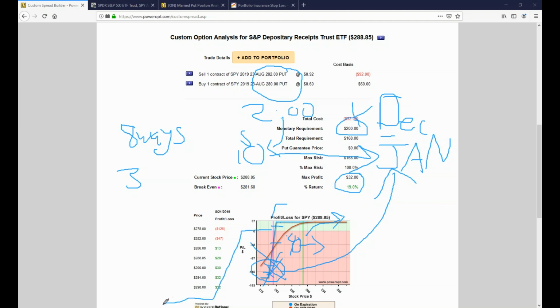Don't roll down and out. Don't increase the strike price. If you're not sure about what's going to happen next because you're taking a loss on this one, all you're going to do by rolling down and out is lower the credit in the hope that the stock moves back up and you get a 2, 3, 4, 5% gain on a position, because you're going to pay a debit to do it.